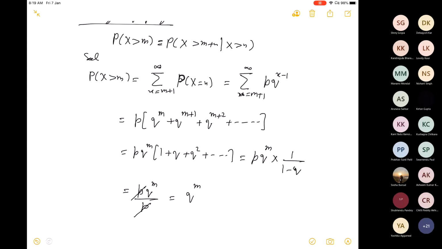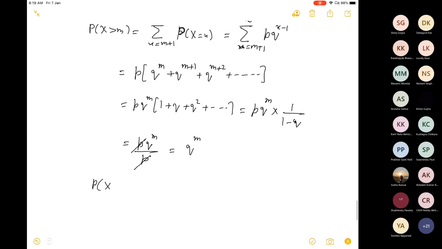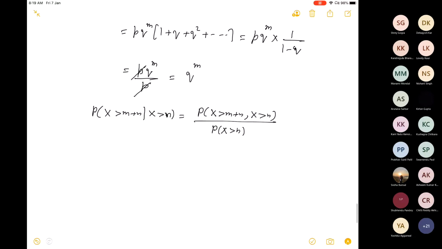Okay, let us see the other side, whether this is q raised to power m or not. Probability x is greater than m plus n given x is greater than n is probability of the intersection of both of them, so this will be probability x is greater than m plus n upon probability x is greater than n.